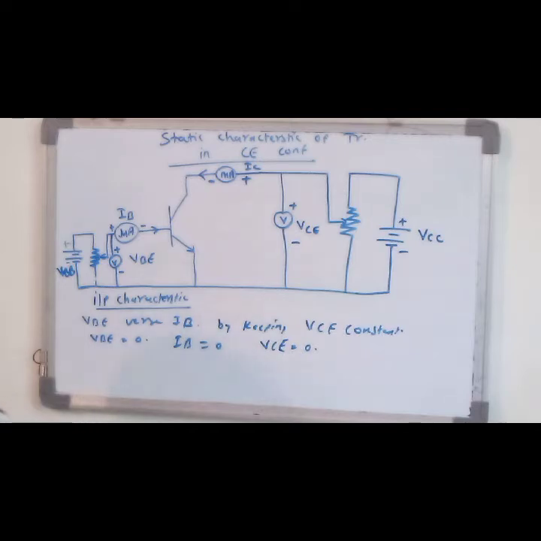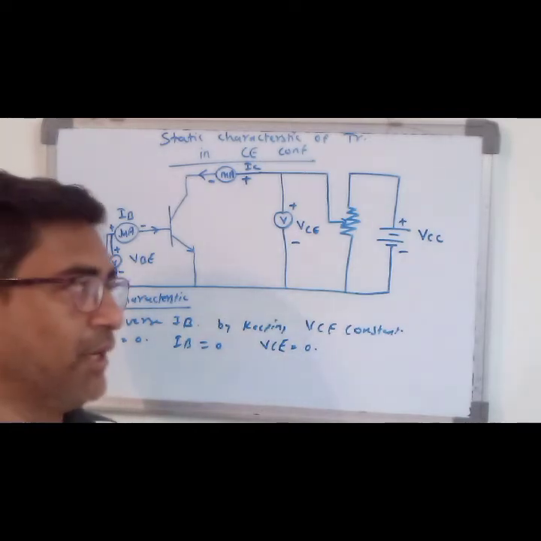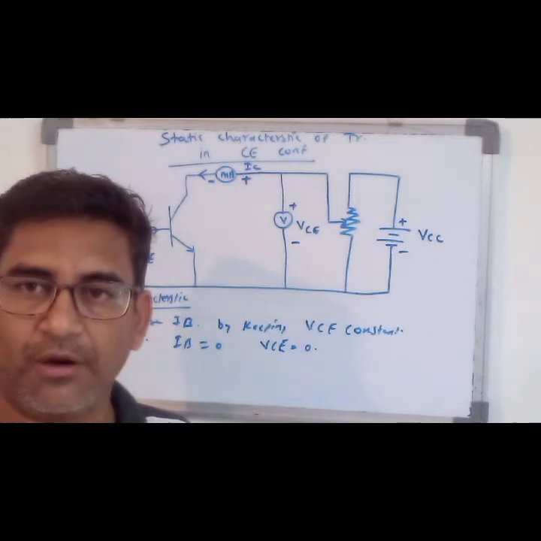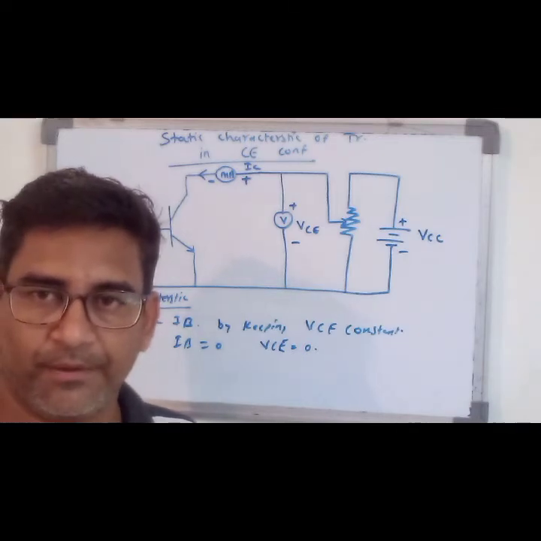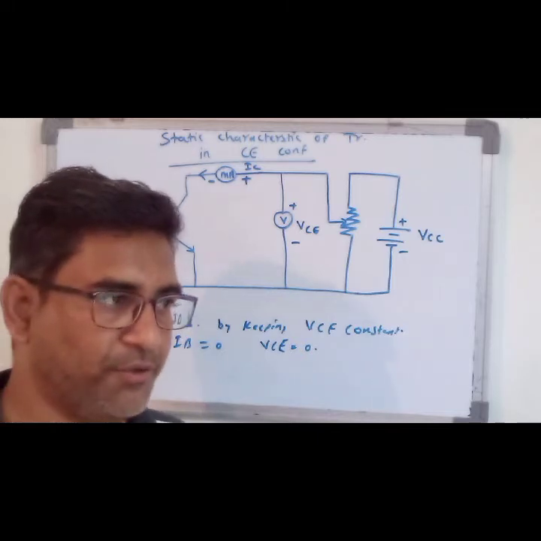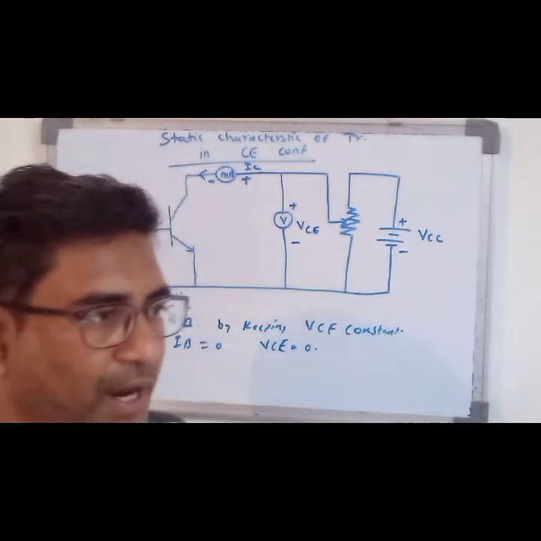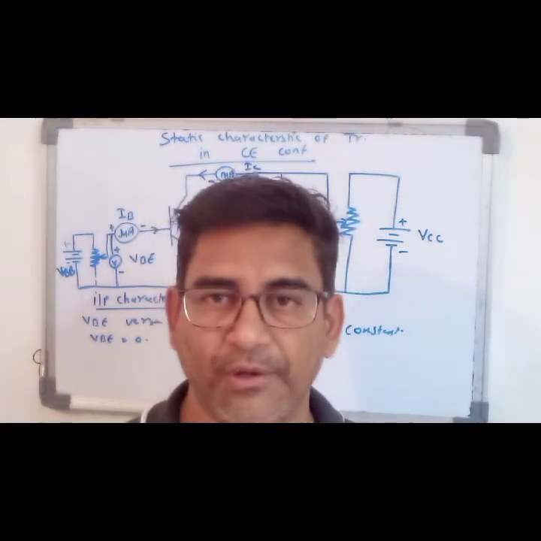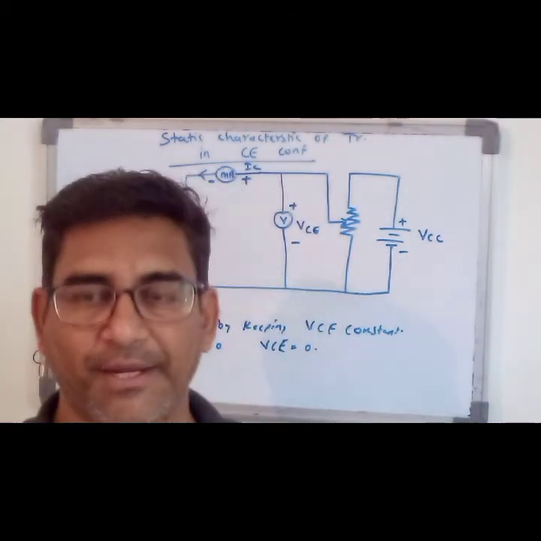As I told you, for a silicon you have 0.7 electron volt, and for the germanium you have 0.3 electron volt. From that the value is going to rise.